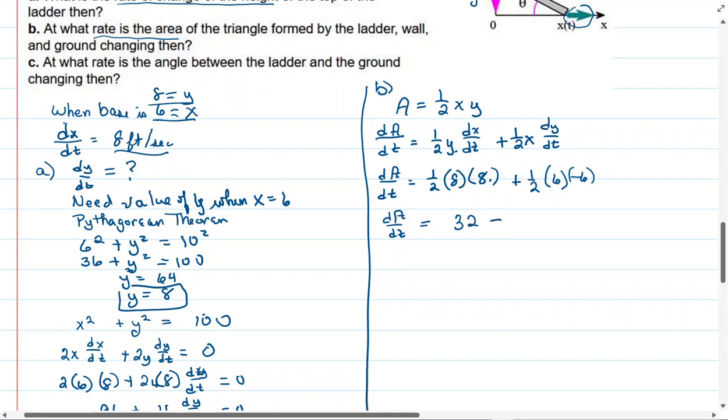And this is a minus 36 divided by 2, which is 18. Yes? What do I have here, folks? 18. And this is area, so it is feet squared per second.